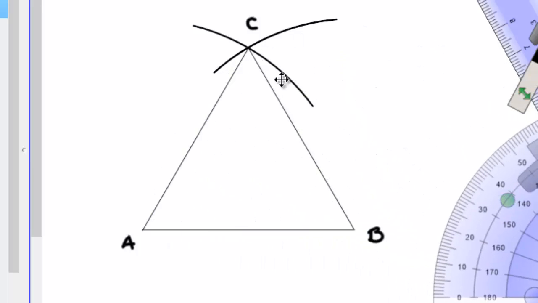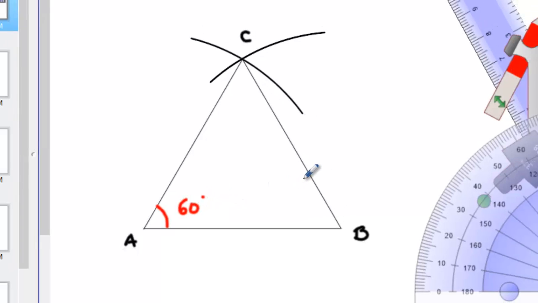For sure, if the arc is thinner, it can give me a better result. And this is how I can draw a 60 degree angle. I'm going to show you here in red. This is what I was looking for, a 60 degree angle. So if I show the teacher this angle, that means I answered the first question.